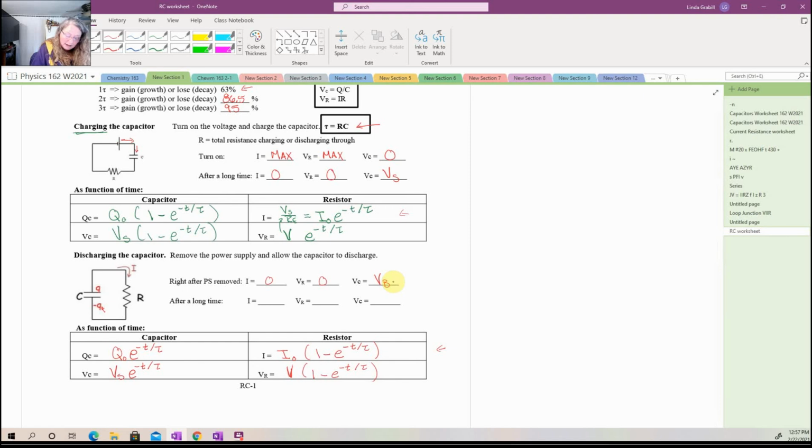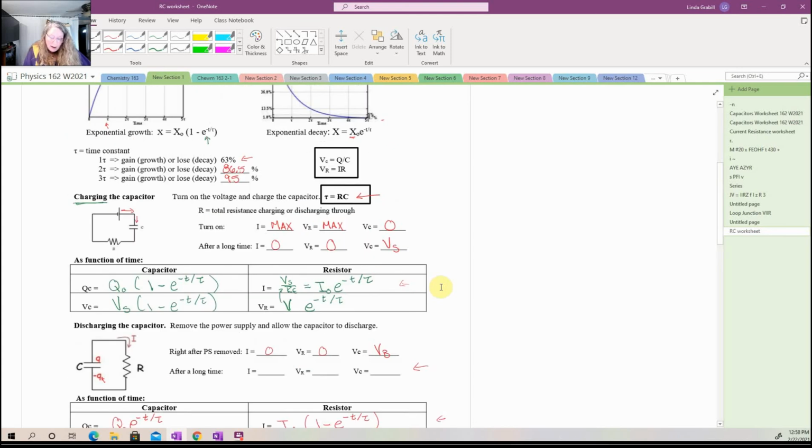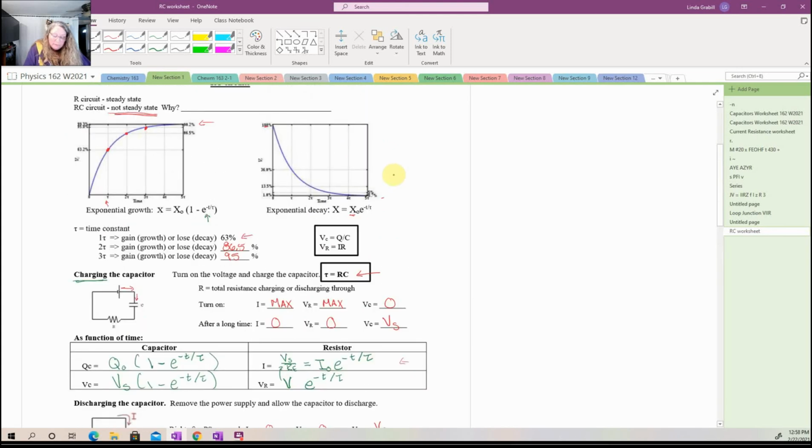After a long time, this is the one that gets a little tricky when we talk about discharging. Because in one way you can think about it, if I have a closed loop where I'm just going to continuously go back and forth and back and forth, well, we can see I'm going to hit a max amount over here at t equals about 5 tau.